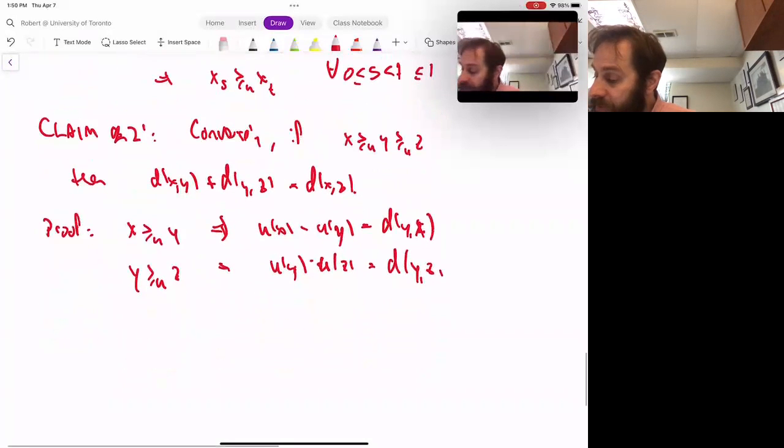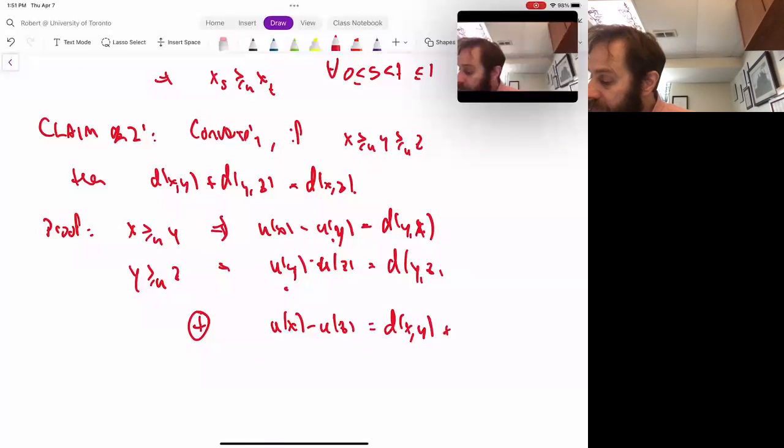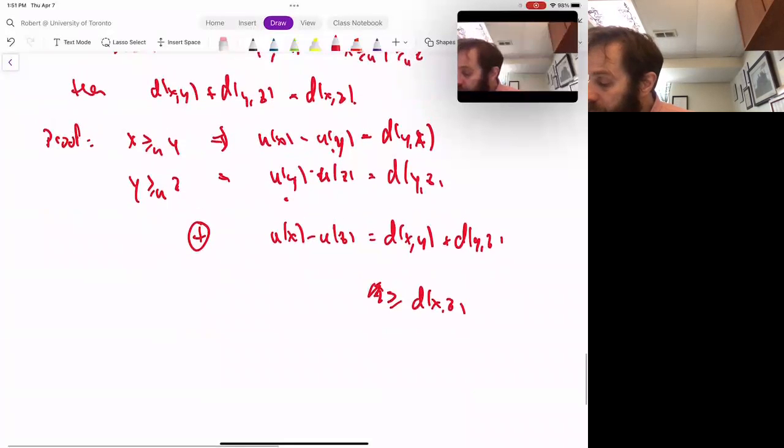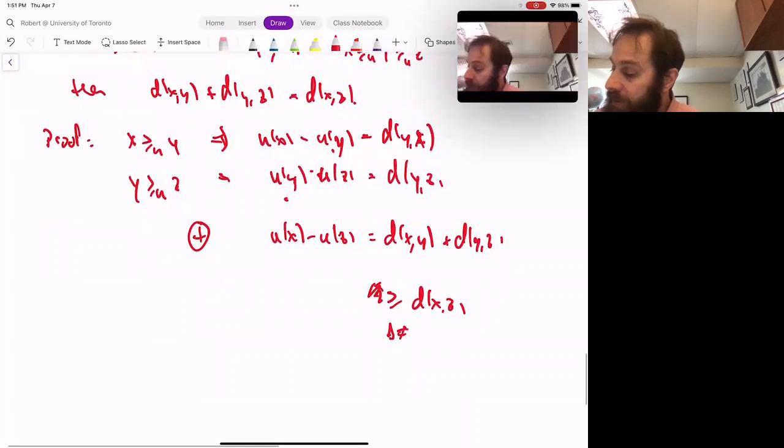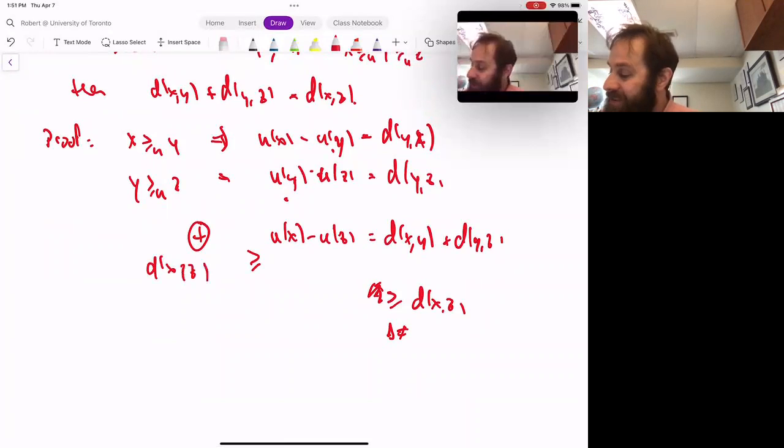And so you add these two things up, and the uy terms cancel, and you get ux minus uz is equal to dxy plus dyz. And the triangle inequality says that that's bigger than dxz. This is the triangle inequality. And on the other hand, the Lipschitz condition says that this is less than dxz, and so equality has to hold throughout.